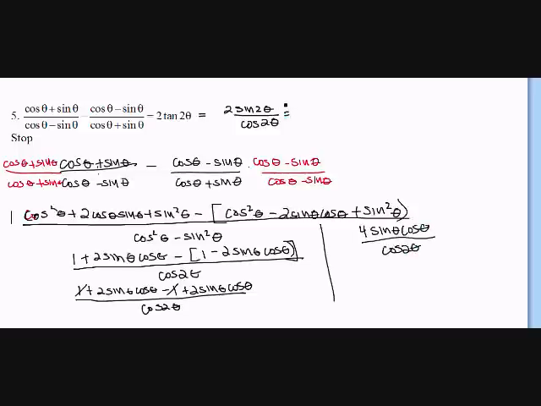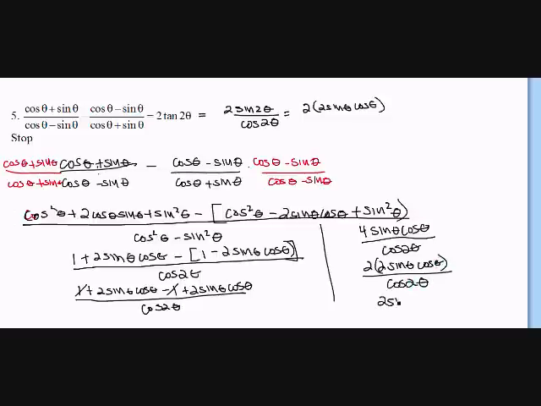Hopefully you notice that this numerator up here is 2 times 2 sine theta cosine theta. So really this is 4, which is what we have here. So I'm going to write 4 as 2 times 2. Sine theta cosine theta all over cosine 2 theta.